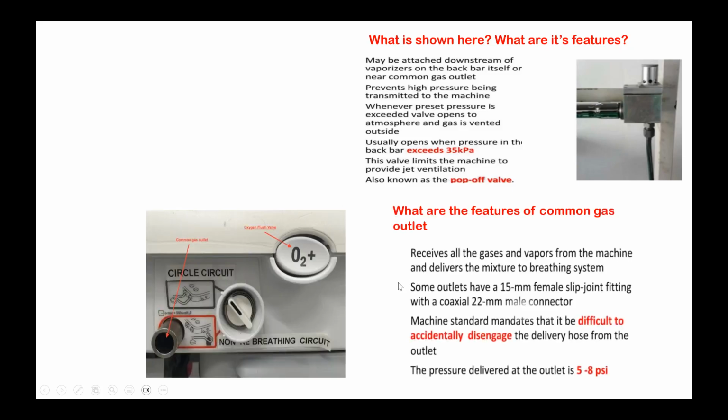Again, the features of the common gas outlet. It receives all the gases and vapors from the machine and delivers the mixture to the breathing system. Some outlets have a 15 mm female slip-in joint fitting or a coaxial 22 mm male connector. By machine standards, it is difficult to accidentally disengage the delivery hose from the outlet, and the pressure delivered is 5 to 8 psi above atmosphere.